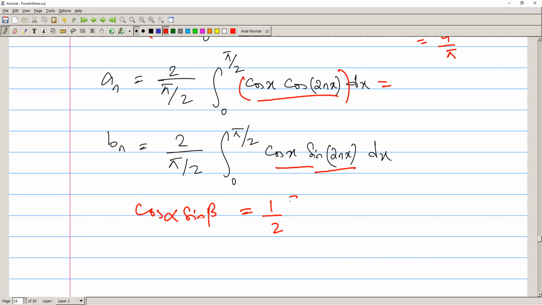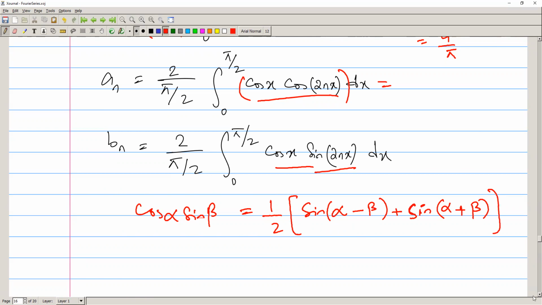So you can then easily integrate, or I can write it like this: 1 over 2 times sine alpha minus beta plus sine alpha plus beta. All right, and then it's easily integratable.